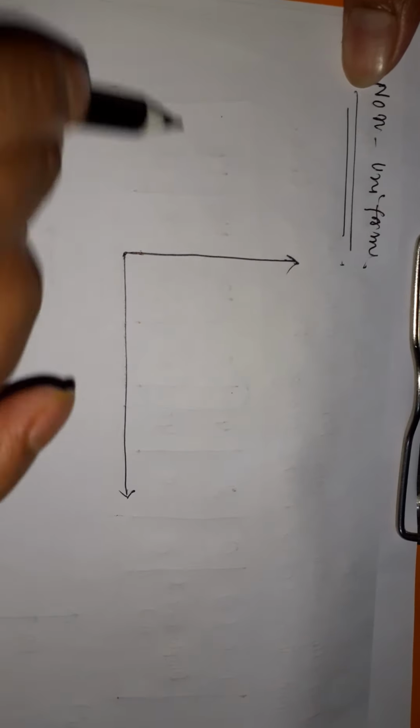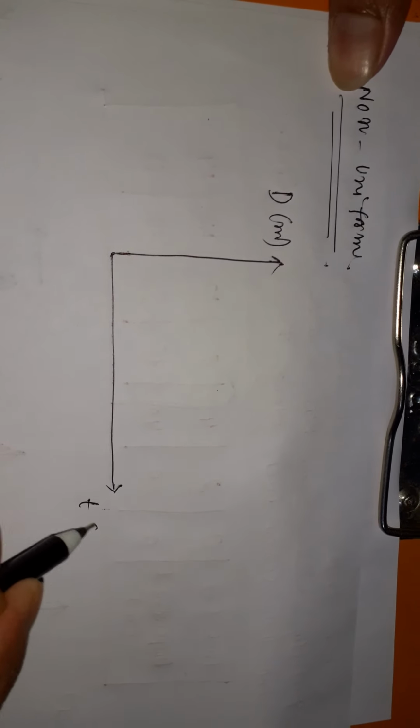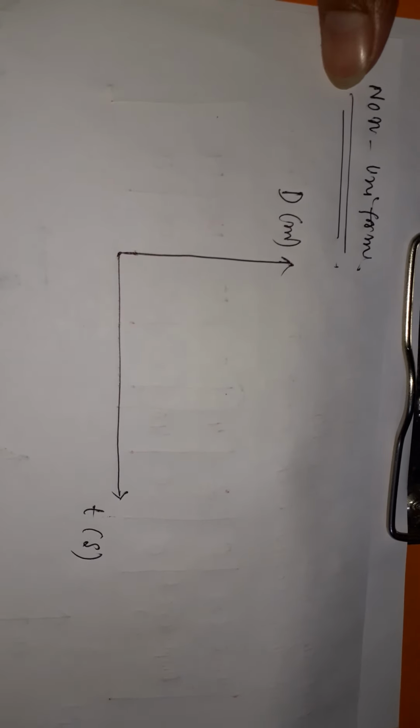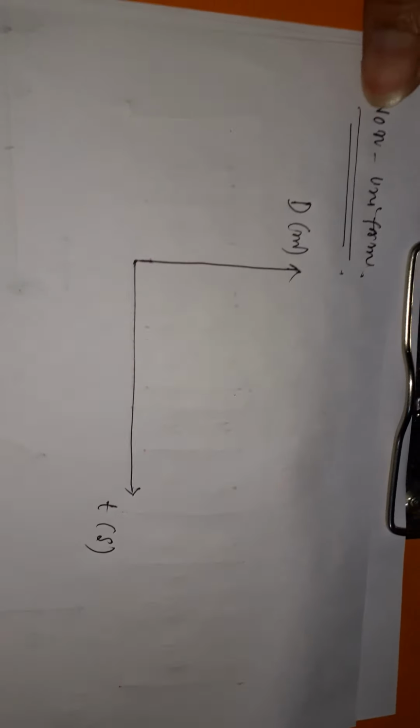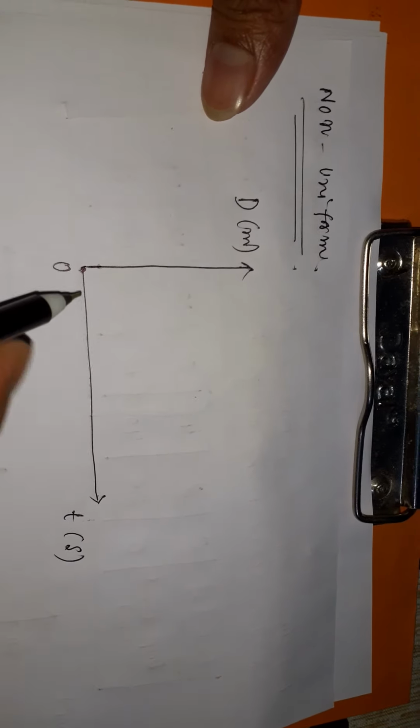Okay. So I'm just drawing the graph here. Same process we have to follow. This side displacement in meter and this side time in second. So now the graph which is given to you, this is the 0 position.